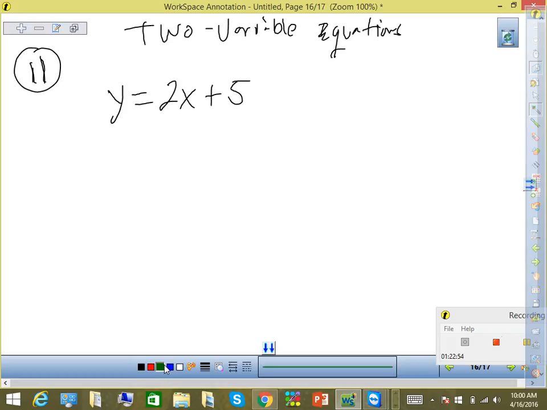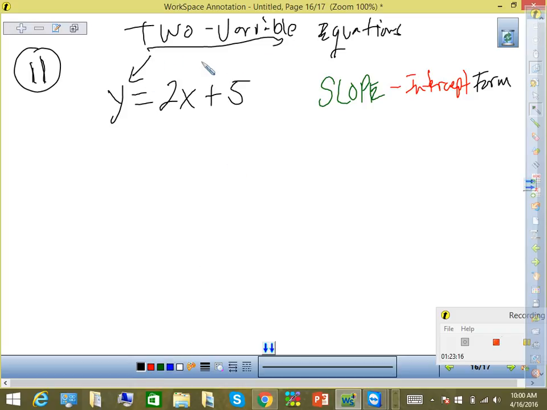The name of that equation is called slope intercept form. Look up, please. It's called slope intercept form. Number one, it's a two-variable equation because it has two variables, x and y.